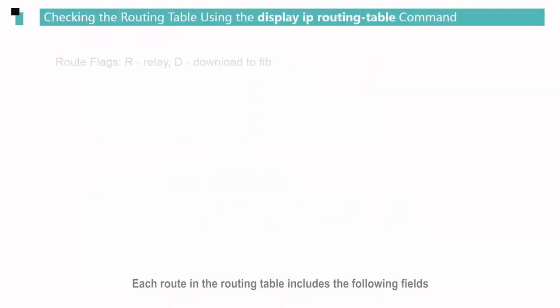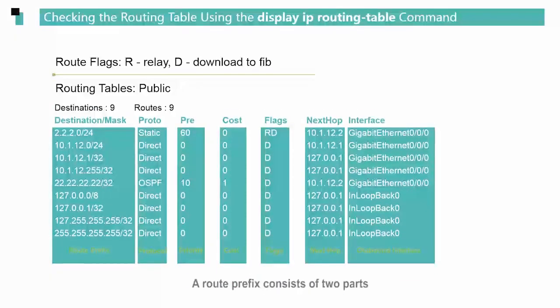Each route in the routing table includes the following fields. Route prefix. A route prefix consists of two parts, the network segment ID and the mask length. Both parts are indispensable.